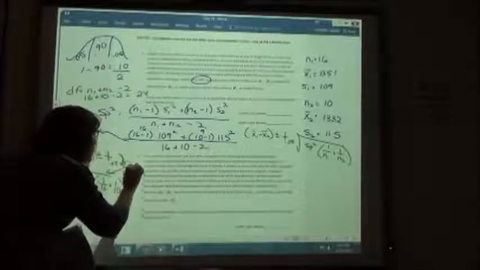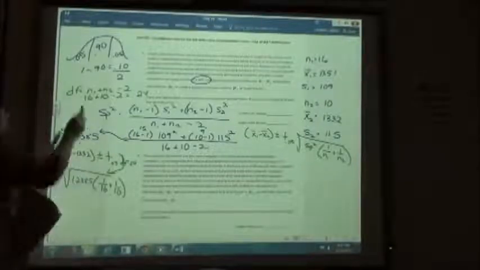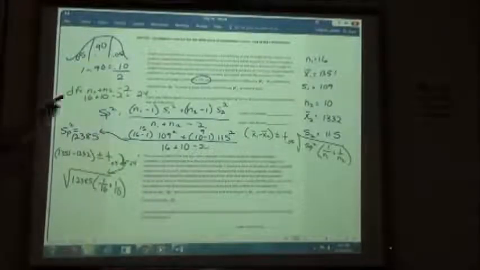I always forget the degree of freedom until I click on it and then it says you have to put the degree of freedom in there. Then I go, oh yeah, I got to do my degree of freedom. So, degree of freedom, it's that bottom part of this fraction, or N1 plus N2 minus 2. So, let's see if we can get all that in there on our calculator.